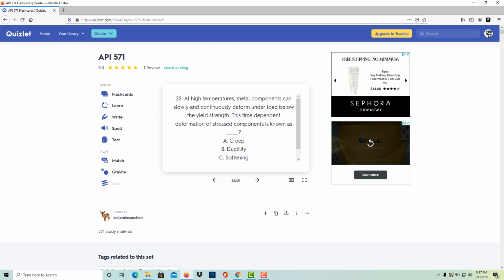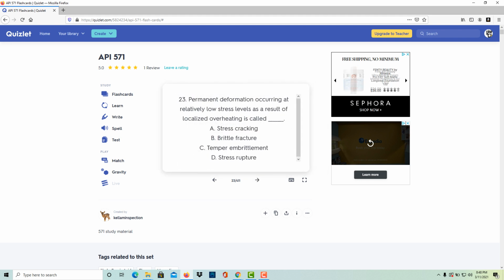At high temperatures, metal components can slowly and continuously deform under load below the yield strength. The time-dependent deformation of stressed components is known as, that sounds like creep. A, creep. Permanent deformation occurring at relatively low stress levels as a result of localized overheating is called, that sounds like stress rupture.